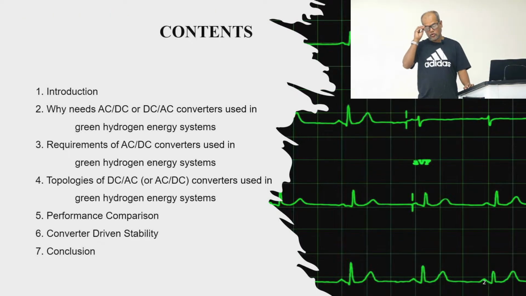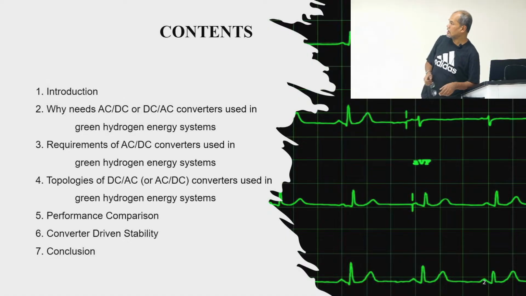These are the contents that I'm going to talk about. Initially, I will start with why we actually need AC-DC or DC-AC, which I already mentioned. Then, when you select either a rectifier or an inverter, what you expect from them to be utilized in the electrolyzer or in the fuel cell.